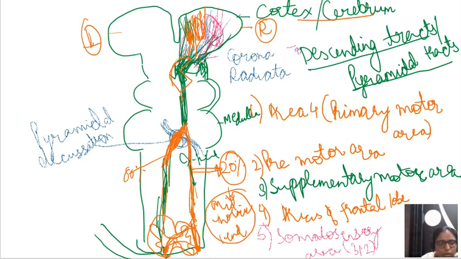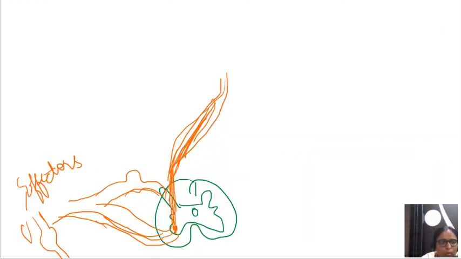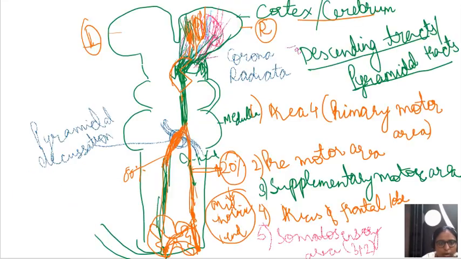Now we will see one thing, what are internuncial neurons. See, one more thing I want to add here: the tract which is crossed, right? This is called, yes, any idea? Lateral corticospinal tract, or lateral pyramidal tract or descending tract. Why are they called corticospinal?